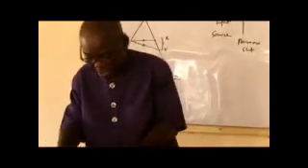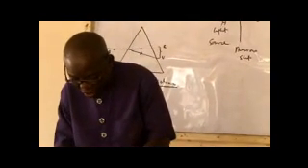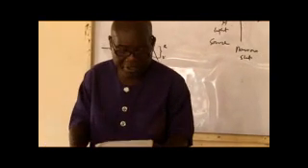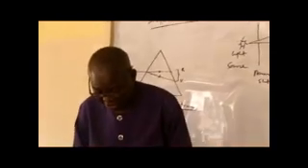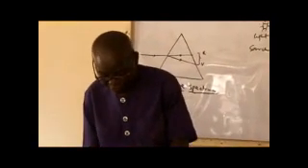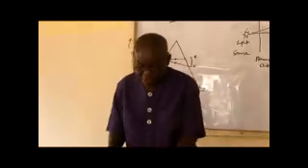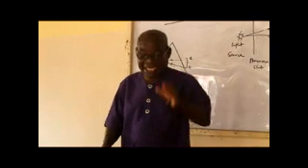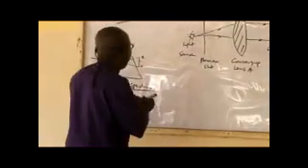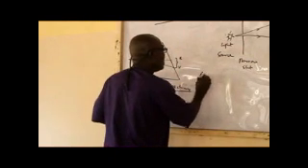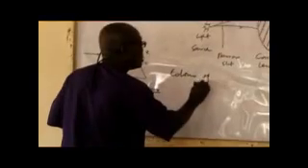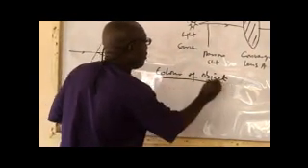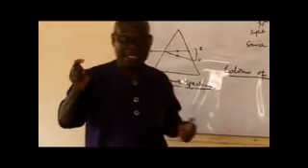Then I move on to color of objects. That will take us to primary colors and secondary colors. Before I talk about secondary and primary colors, the color of any object is the color that object presents to the eye.